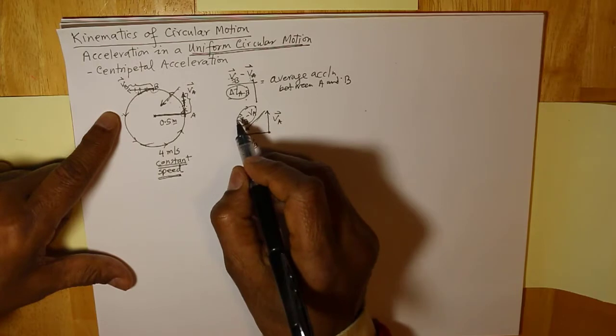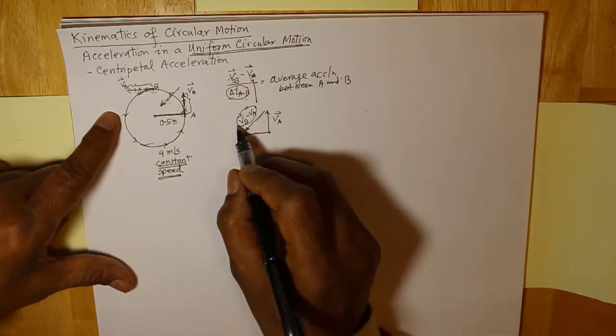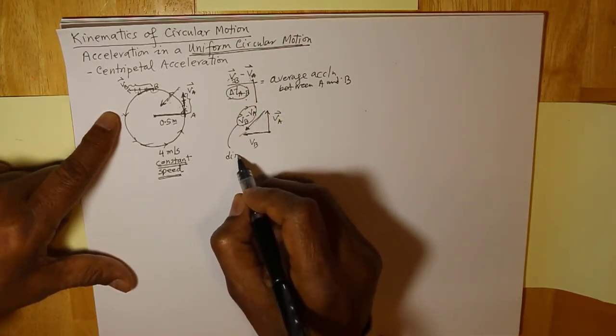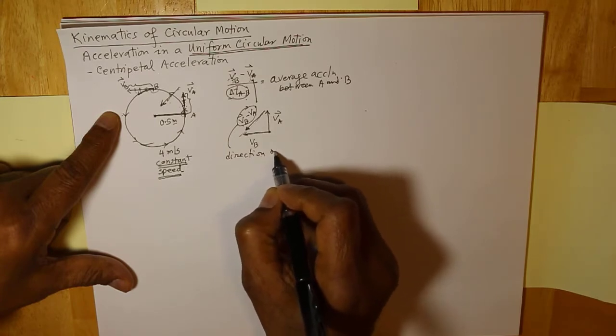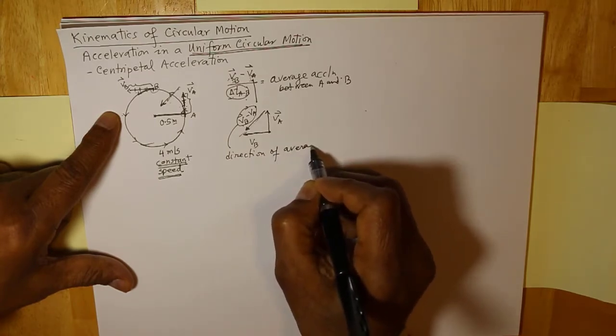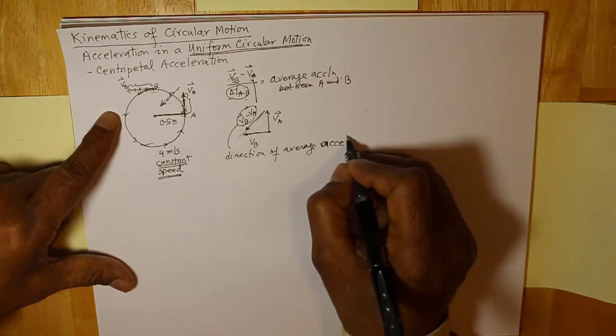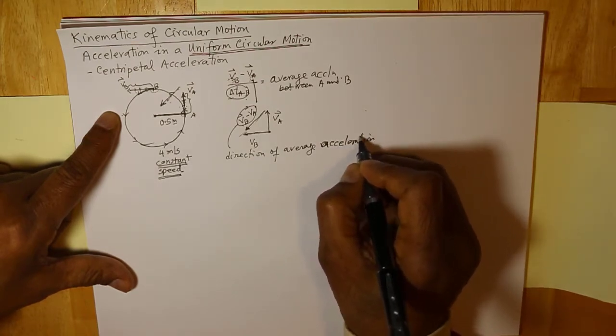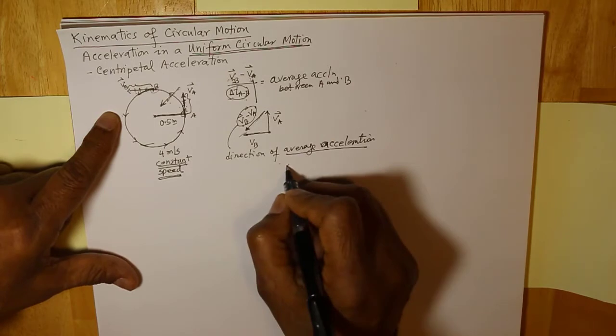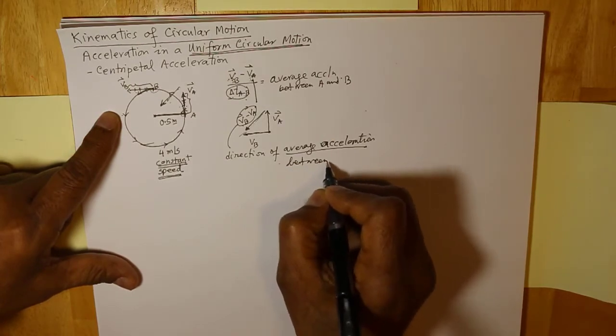So if you take the ratio of these two, this will be the direction of the average velocity. I'm sorry, average acceleration. I misspoke. So this is the direction of average acceleration between A and B.